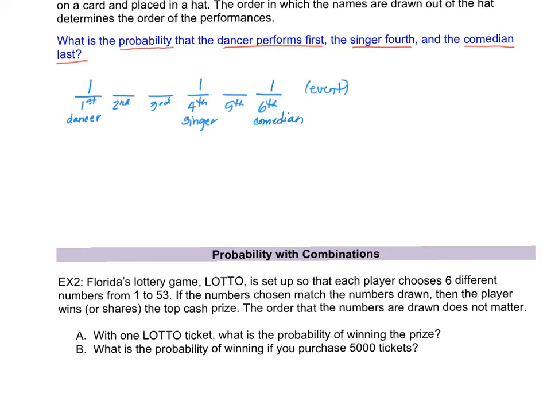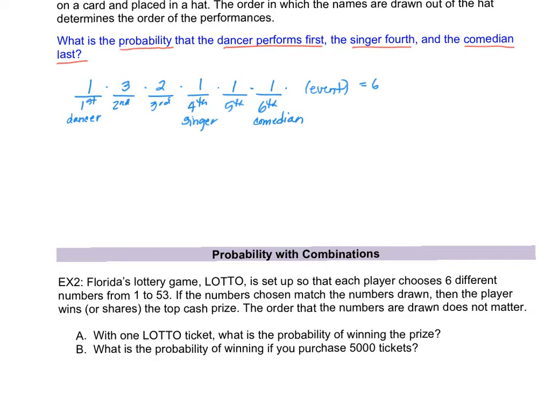So I've scheduled these 3 acts. Now I have 3 acts remaining. When I choose who's going to perform second, I have 3 choices. Once it's chosen, then there's only 2 acts left to schedule. So I only have 2 choices for who's going to go third. Once I pick who's going to go third, I only have 1 choice for who's going to go fifth. When we multiply all of this across, it's going to be equal to 6.